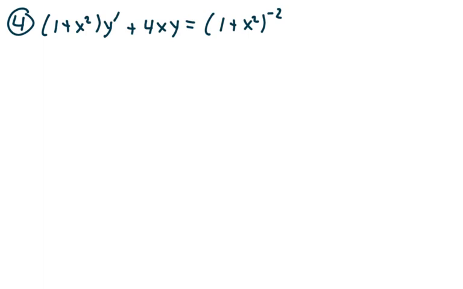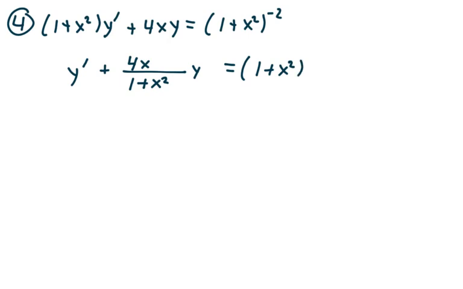Now, I need to divide both sides by 1 plus x squared. So y prime plus 4x over 1 plus x squared y is equal to, and then we're going to write this as 1 plus x squared to the negative 3, if you don't mind. Because think of 1 plus x squared to the first, right? So that'll be 1 plus x squared to the negative 3.